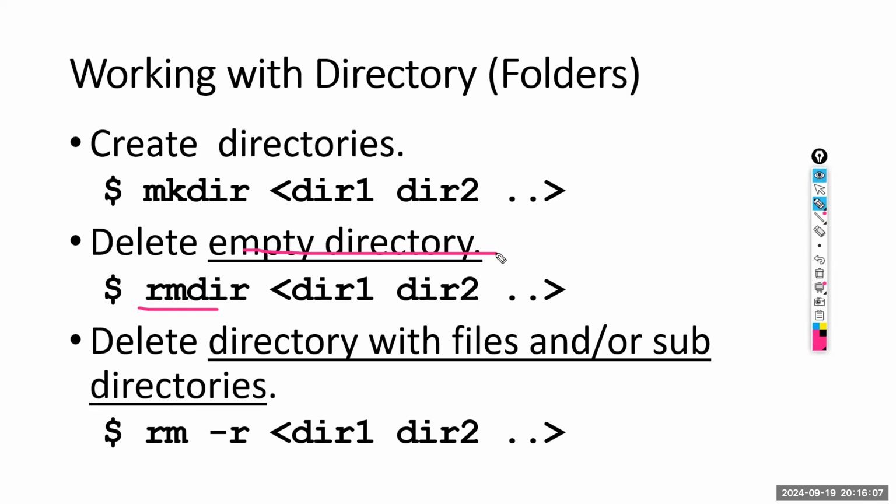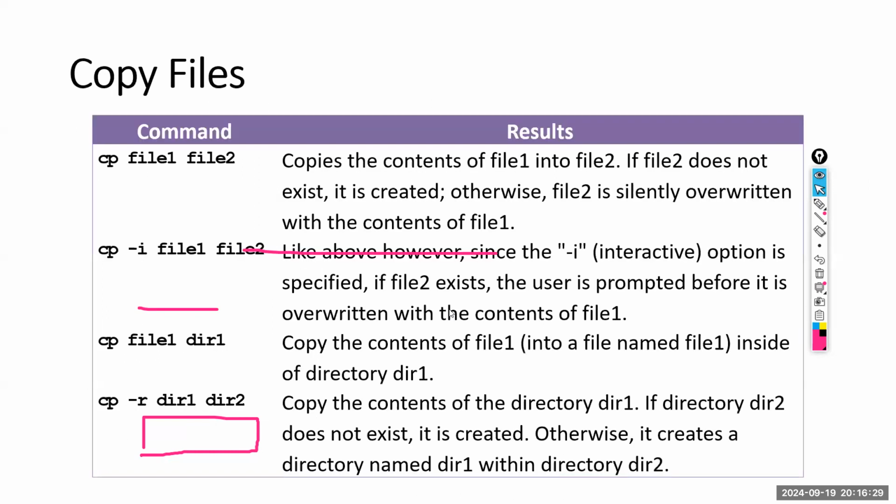But if it is not an empty directory, you must use rm minus r. So those are very important questions for your exams. And I'm not going to do all these things as a practical because that will take a lot of time. But time to time, some commands I show you, some commands you must try by yourself because you are in the final year now.